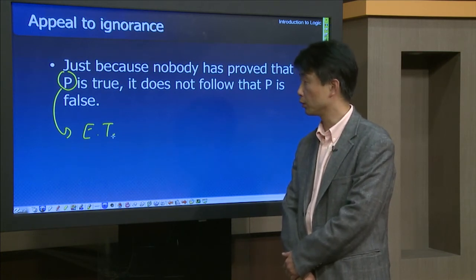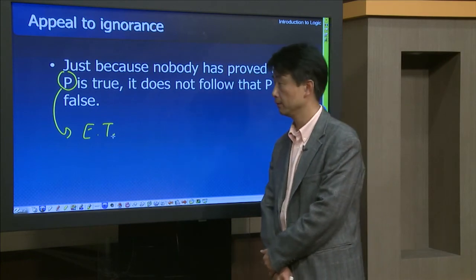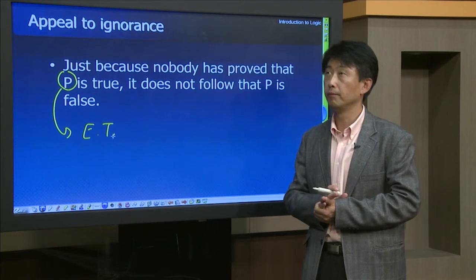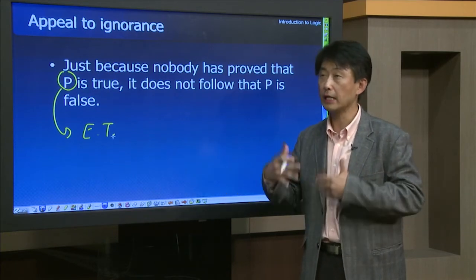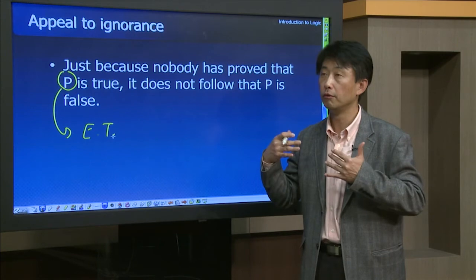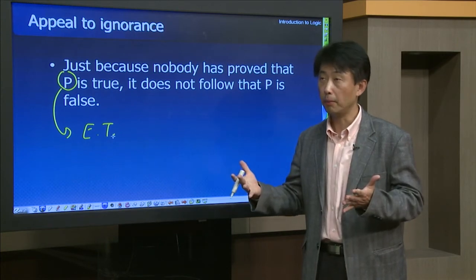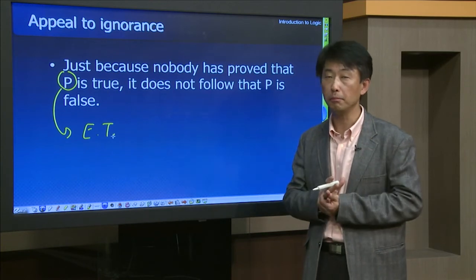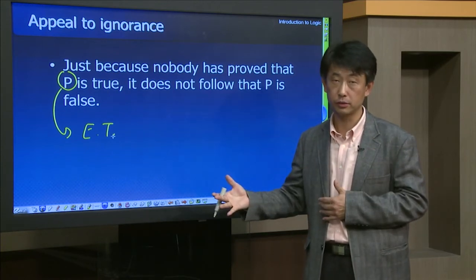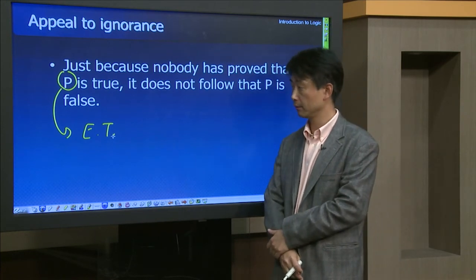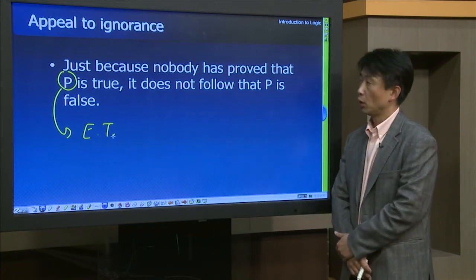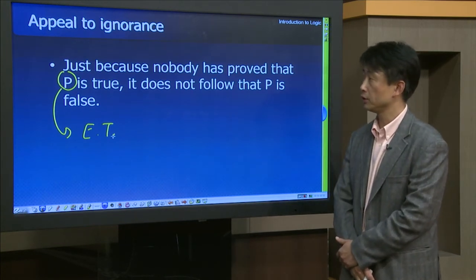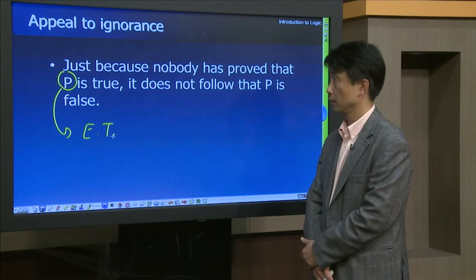It does not follow that there aren't. It is just that we have not yet gathered any positive evidence for their existence, but it doesn't follow that they don't exist. Okay? The lack of positive evidence doesn't mean negative evidence against it. So when someone tries to argue this way, the person is appealing to ignorance.